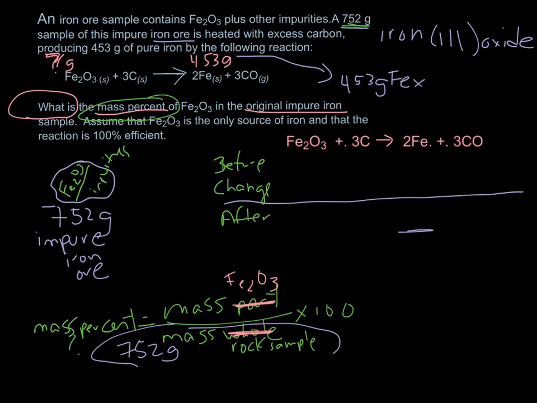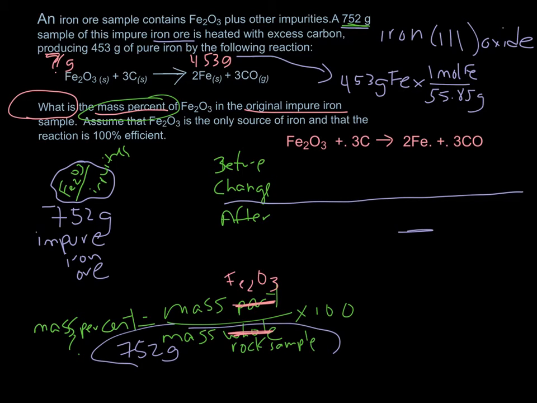I can calculate how many moles that is, and I only put moles in my BCA table. If I multiply by the molar mass, for every 1 mole of iron, let's look on the periodic table, in every 1 mole of iron there is 55.85 grams of mass. I can use that to figure out how many moles are in 453 grams of iron.